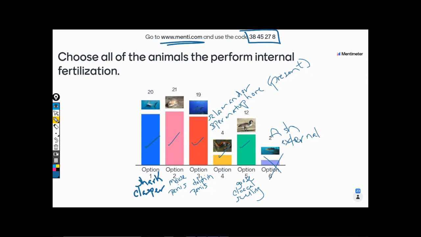They lay those soft little jelly eggs, either in nests or in the water, a very exciting little fish. The males can follow that up, and because those eggs have soft exteriors, when the males spray their gametes on them, that sperm is able to penetrate that soft exterior and successfully fertilize those eggs.